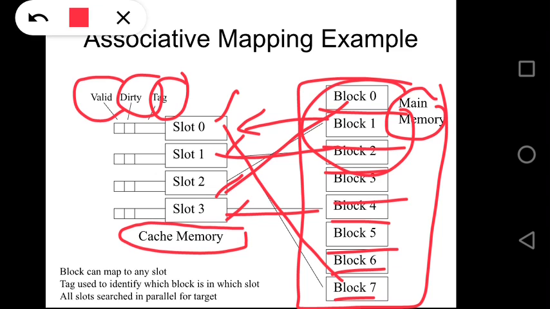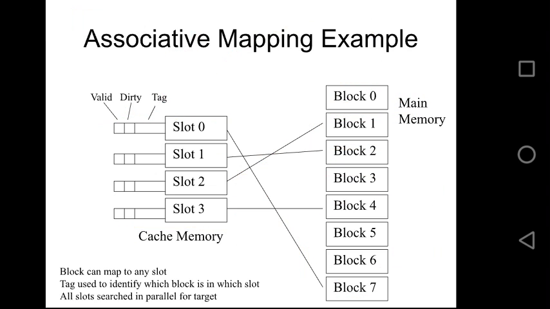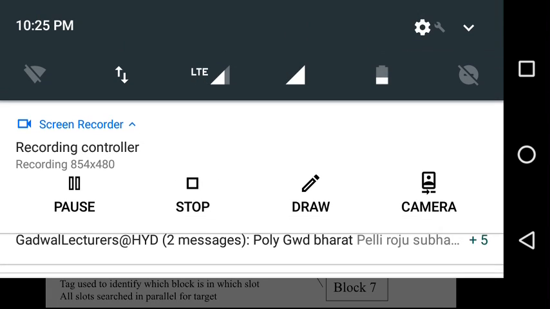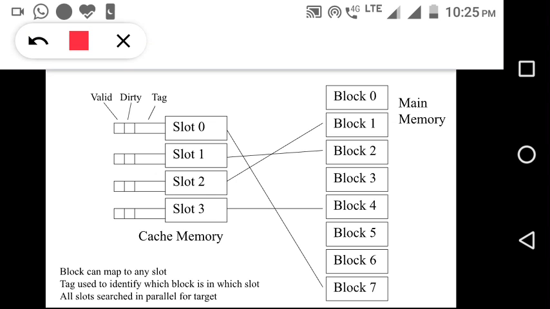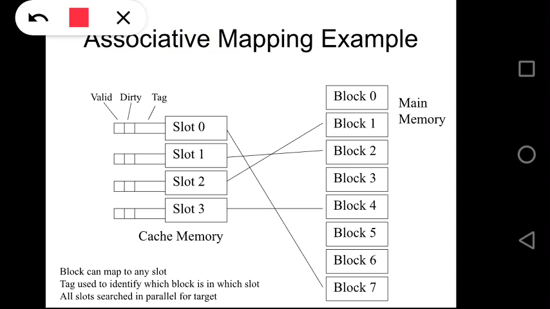The problem over here is that you have to maintain which block is stored in which slot. That can be done using the tag. Unlike direct mapping, we also have valid bit and dirty bit.